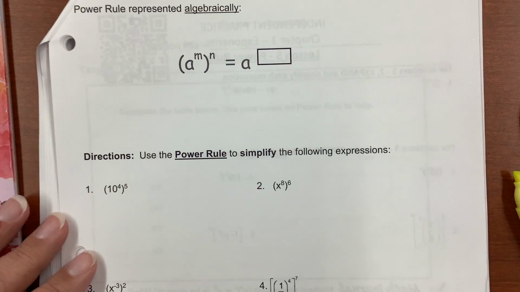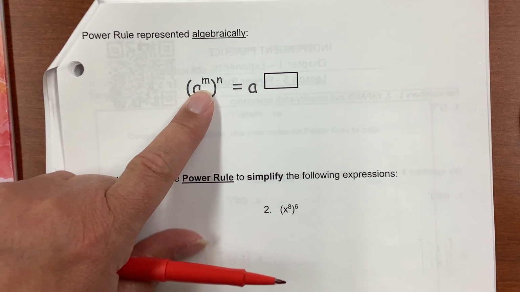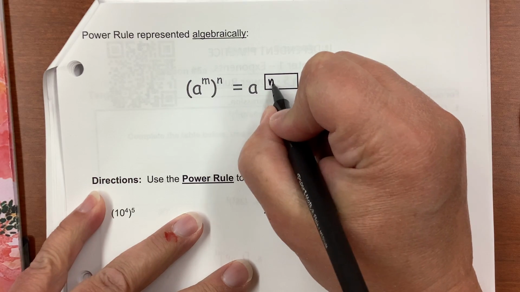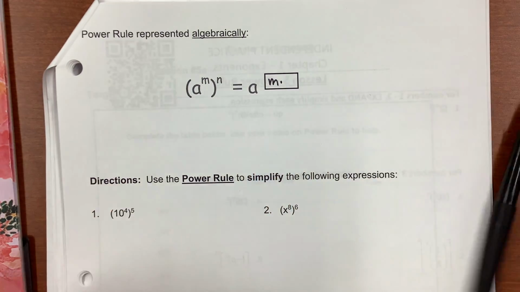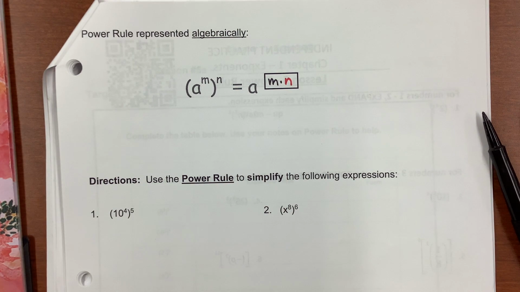So let's look at the power rule algebraically. Remember, algebraically means you're just using variables in place of numbers. And you're going to have to do a lot of things algebraically, well, obviously. So what am I doing here? I'm multiplying m times n. I'm multiplying what's outside times what's inside.